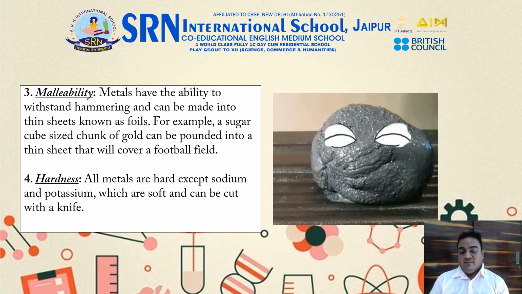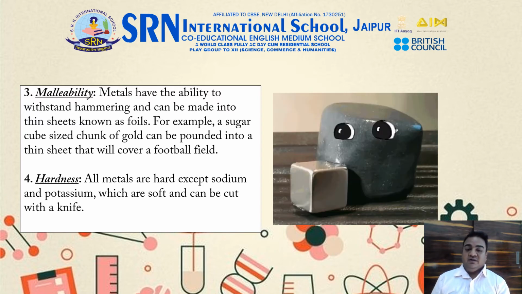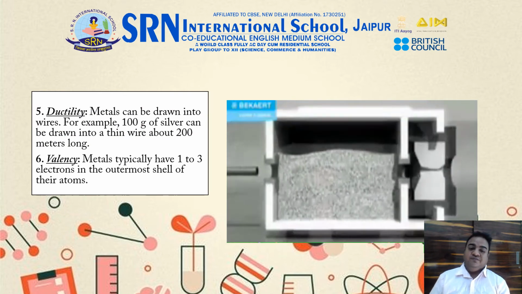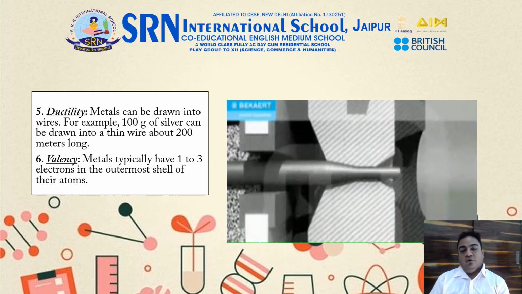Now let us think about what is hardness. We all know metals are very hard. All metals are very hard except sodium and potassium, which are soft and can easily be cut by a knife. So these are some of the exceptions of metals which are very soft. Now consider what is ductility. Metals can be drawn into wires.